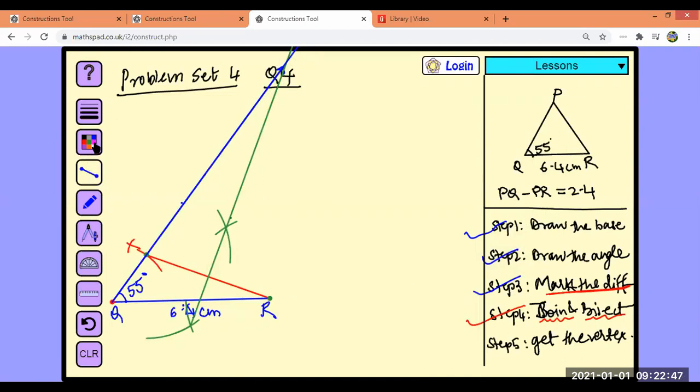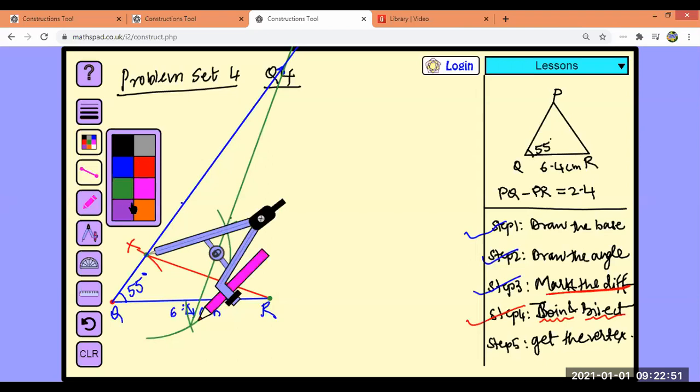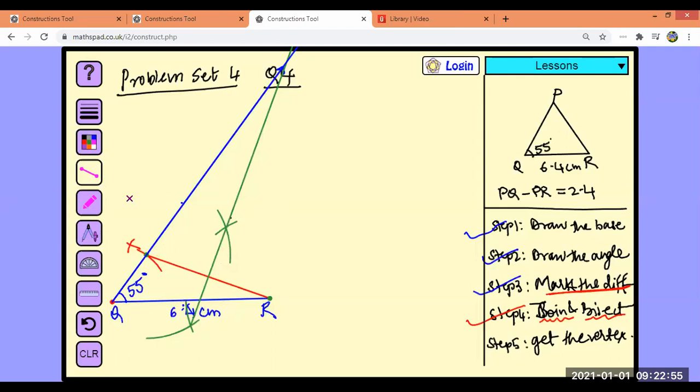The point of intersection is point P. So let me use pink color. That point of intersection is point P. Okay, so that is how the triangle would look. Triangle PQR, this complete triangle, that is the actual triangle.